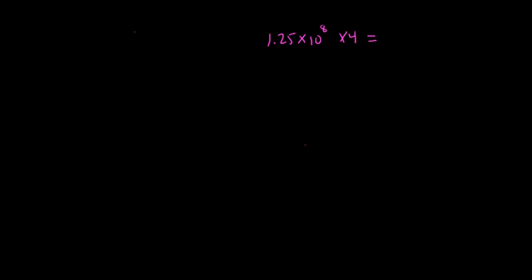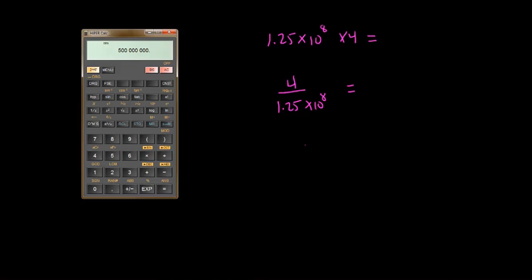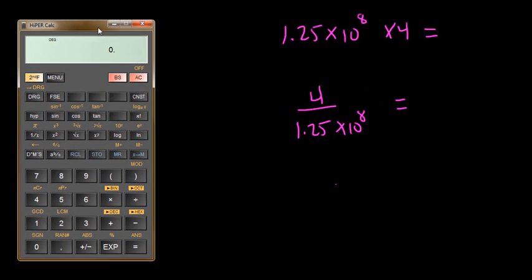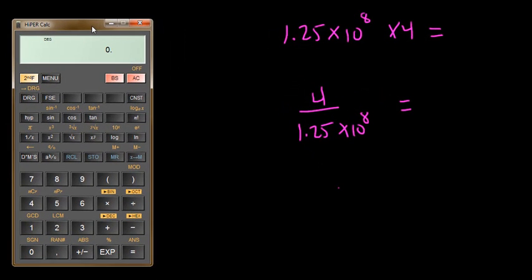Okay, let's try another one. What if we have 4 divided by 1.25 times 10 to the 8th? Let's figure out what this is. So let's pull up our calculator here. A really common way of doing this, and I'm going to say up front that this is an error, is taking 4 divided by 1.25 times 10 to the 8th power.